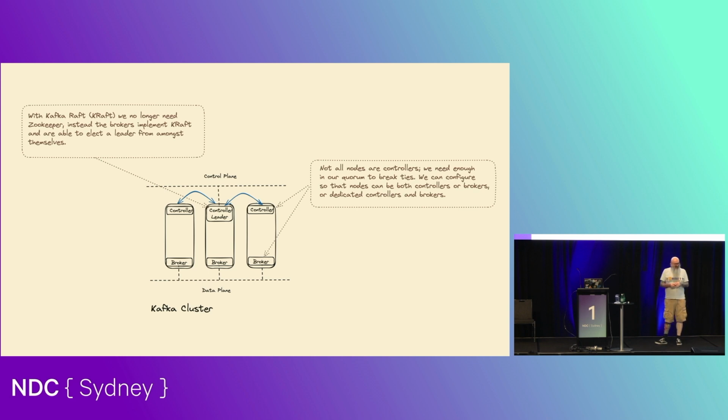And Craft lets the brokers in the cluster decide amongst themselves who is going to be the controller. Now, what happens is you can declare for any one of your nodes in the cluster what kind of roles it can fulfill.